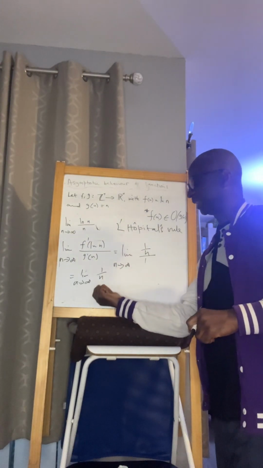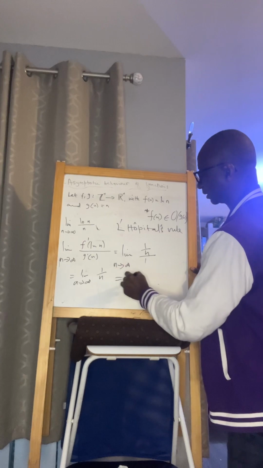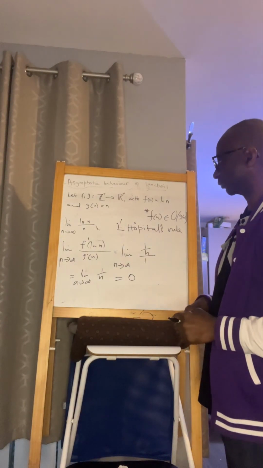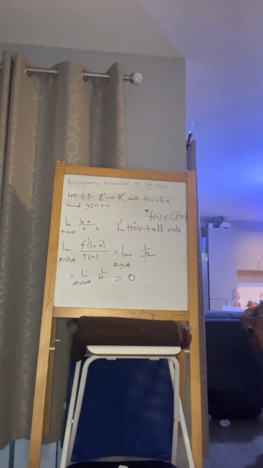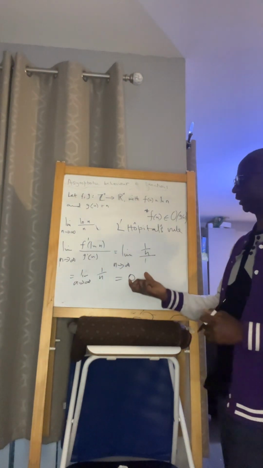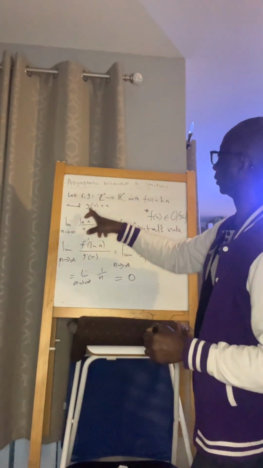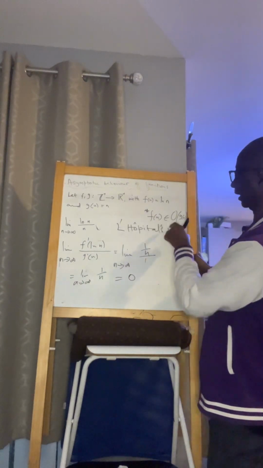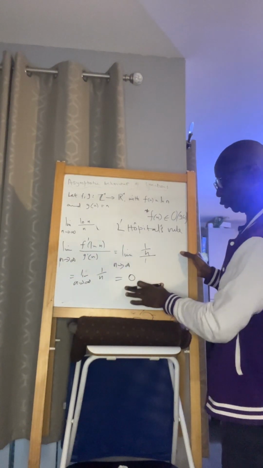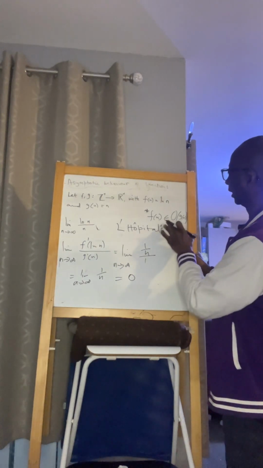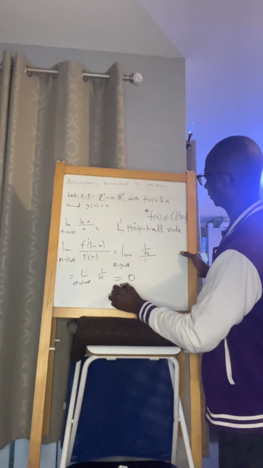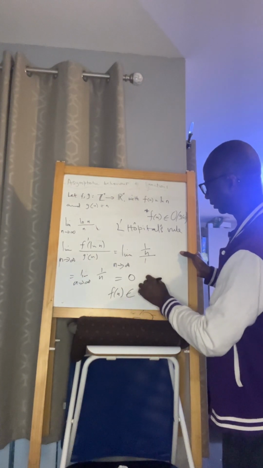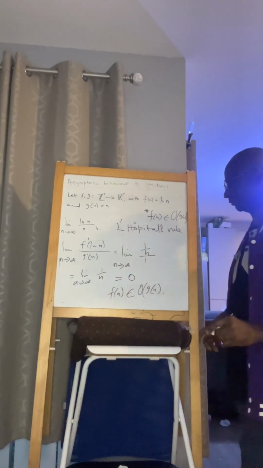It's 1 divided by a bigger number. So you get 0. Since you get 0 here, it means this holds, then f of n is in big O of g of n.